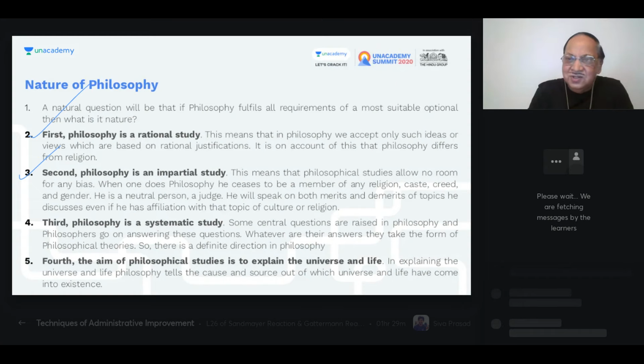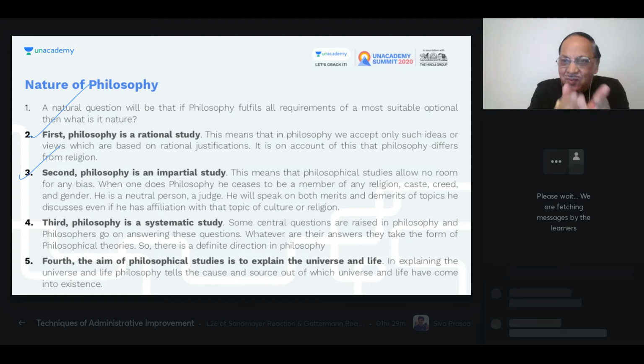No, that's not philosophy. Philosophy means it is an impartial study, and there you have to be neutral. You cease to be a member of a particular religion, culture, or caste. You are above all these when you start doing philosophy.